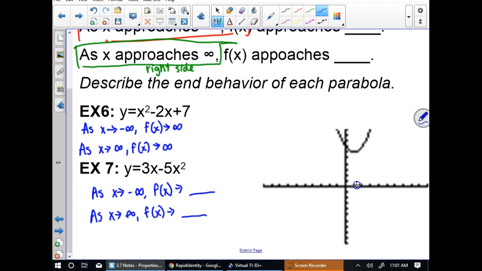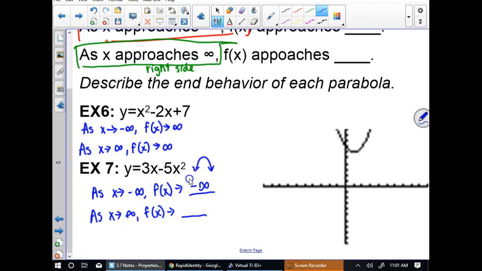Then we just have to decide. I can do this one without even graphing. Because I know if I've got 3x minus 5x squared, what does that parabola look like? It has a negative 5x squared, which tells me it's a sad parabola, right? So as x approaches negative infinity, what happens to our f of x? Negative infinity. It goes down on the left side.